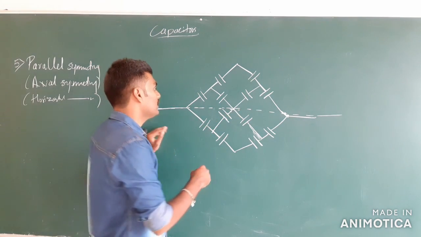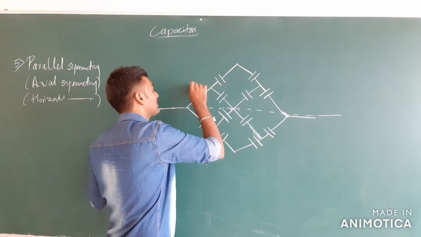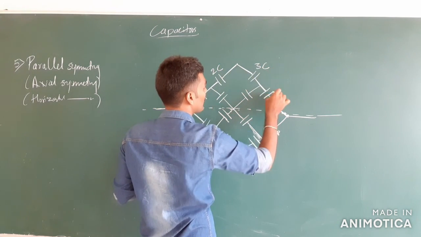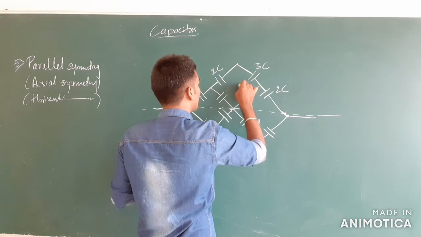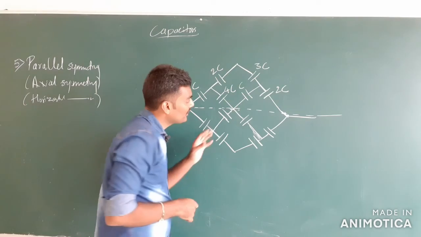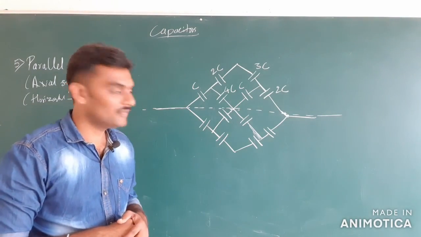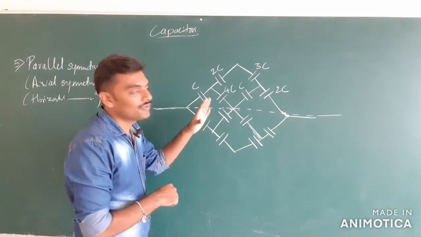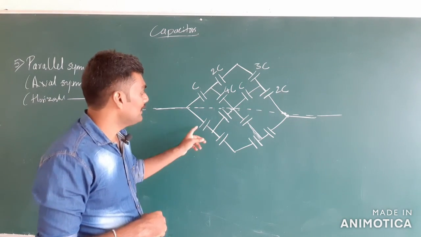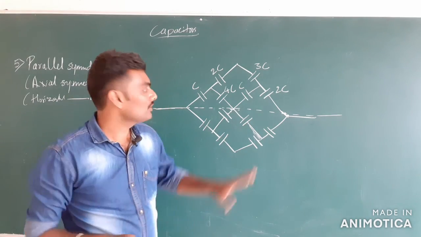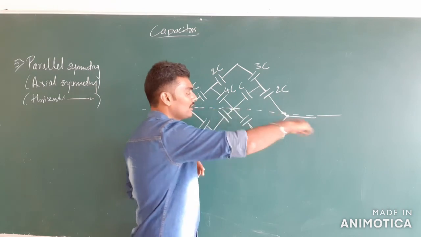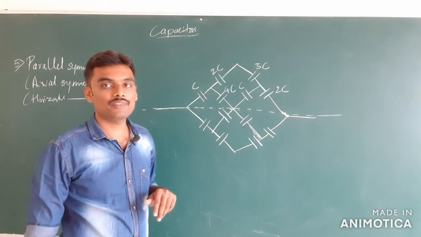But if you have somewhat like this, where this capacitor has the capacitance C and this has 2C, this has 3C and this has 2C again, this has C, this has say 4C. If this is the situation, then in order to have horizontal symmetry, say now this is the half of the arrangement given. This is just an imaginary line, there is no wire like this, keep that in mind.